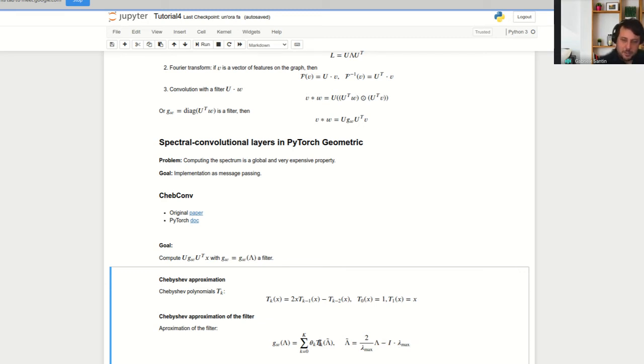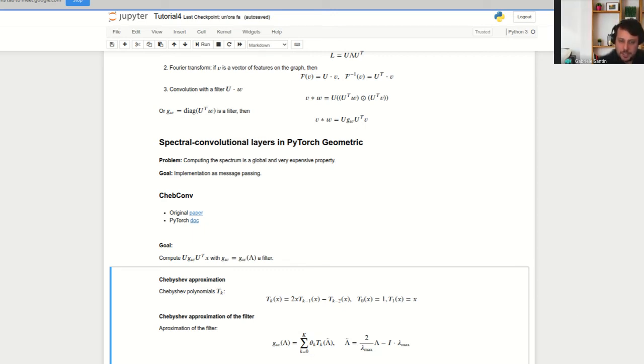The theory from the other paper tells us that if we compute this lambda tilde, it can be used to approximate very well every filter that is a function of the diagonal matrix containing the eigenvalues.